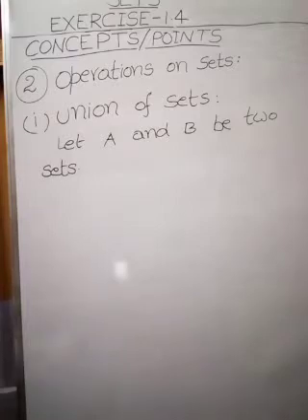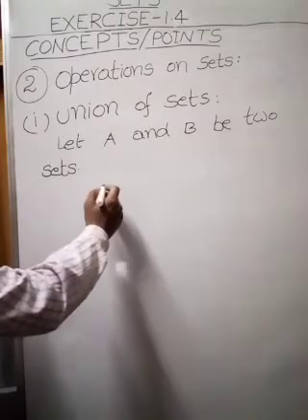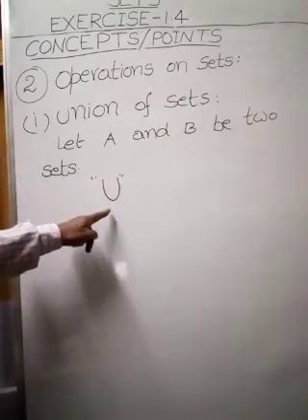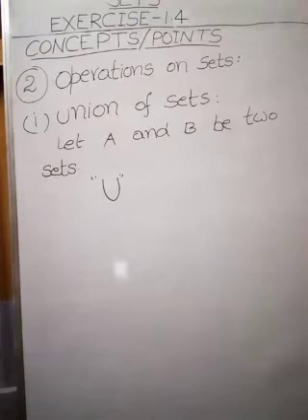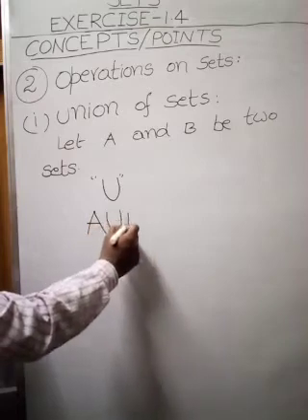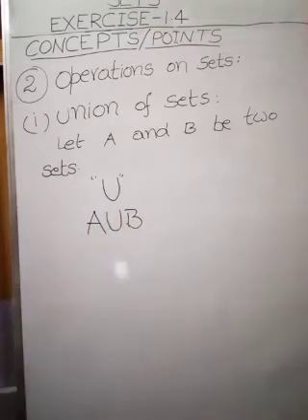The symbol U, this stands for union of sets, is used to denote the union. Symbolically we write A union B, and usually read as A union B. Understood the definition, my dear children?